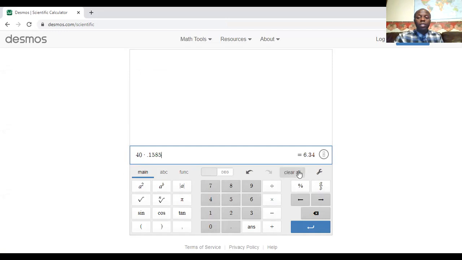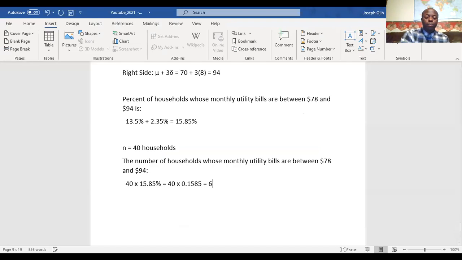So approximately 6 households. Once I got 6.34, that's 6.34 households.